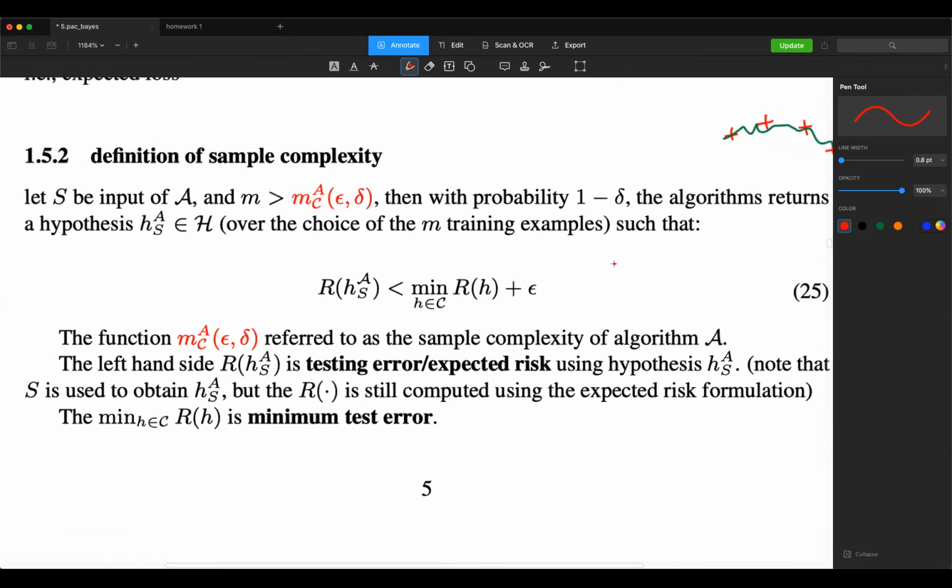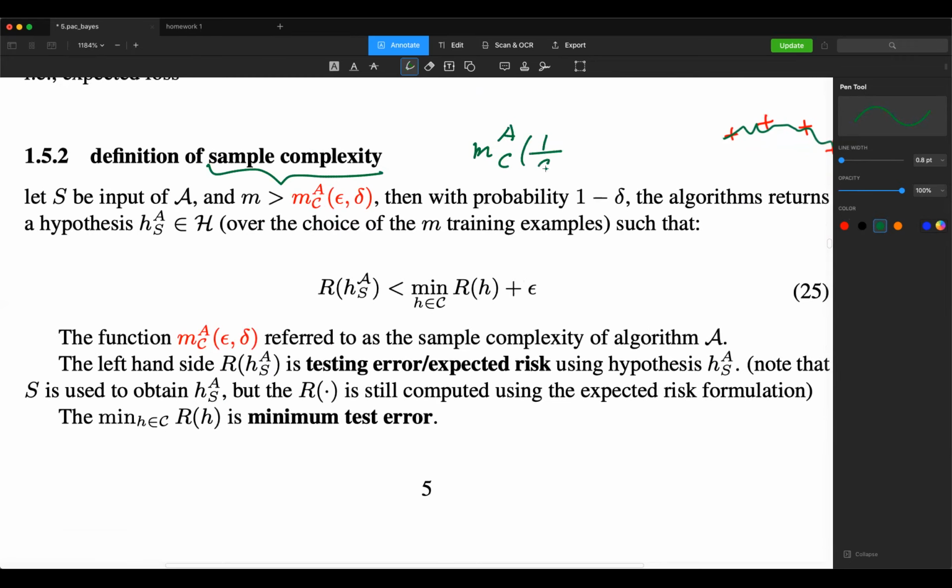And the last thing you do need to know is that a lot of people talk about sample complexity. Remember I said some papers love to write them out like this is the algorithm, that's the concept set.